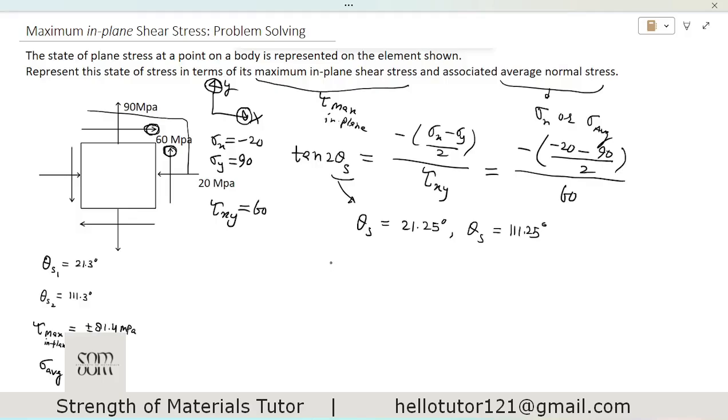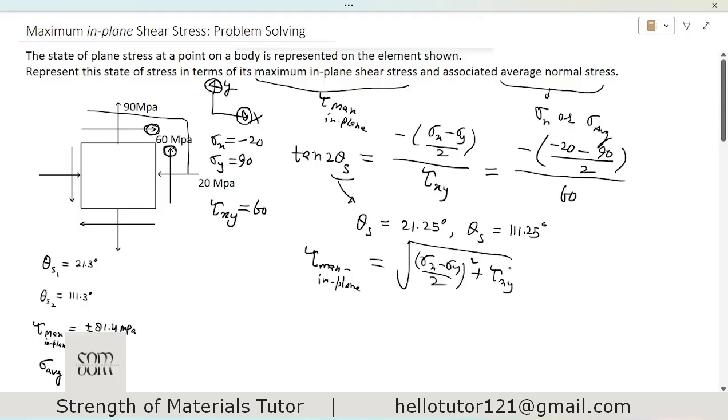Now to find the maximum in-plane shear stress, we can use the formula that we found before, square root of (sigma x minus sigma y) whole divided by 2, whole squared, plus tau xy squared.